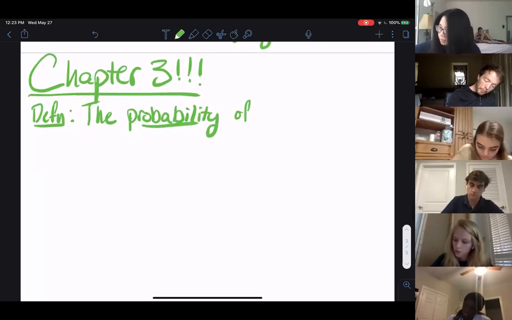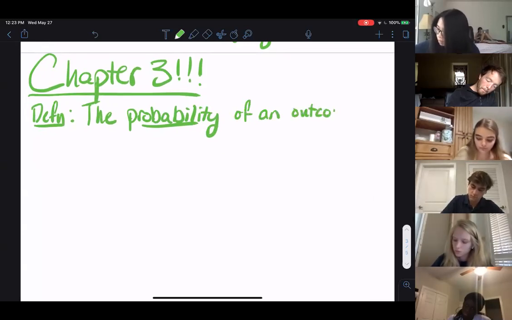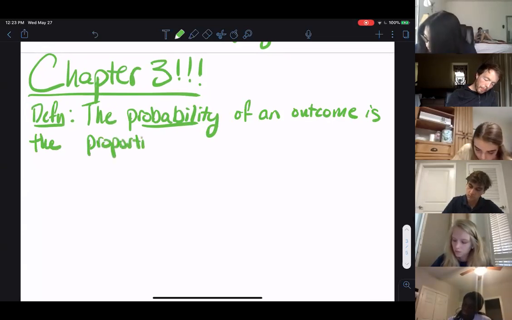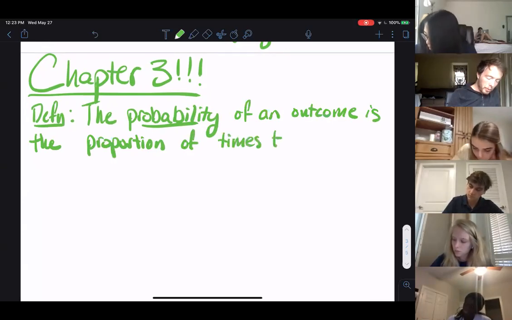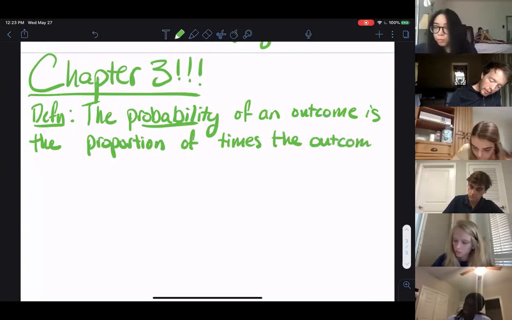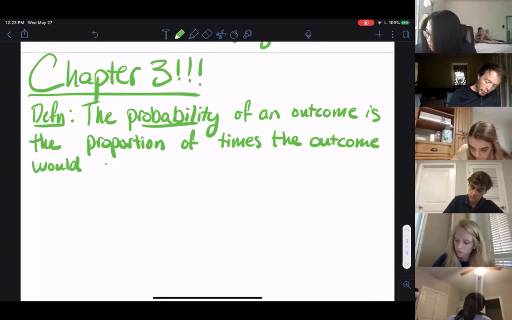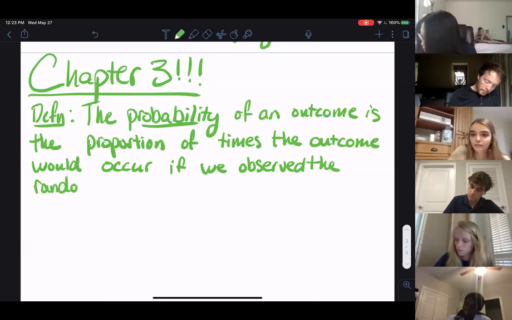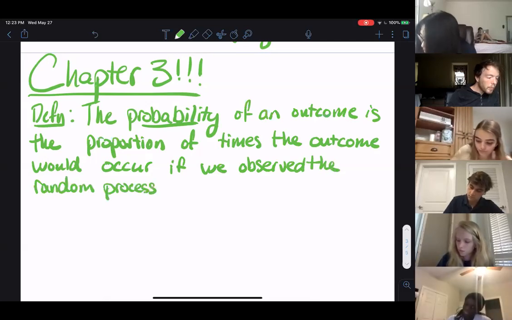So the probability of an outcome is the proportion of times the outcome would occur if we observed the random process an infinite number of times.